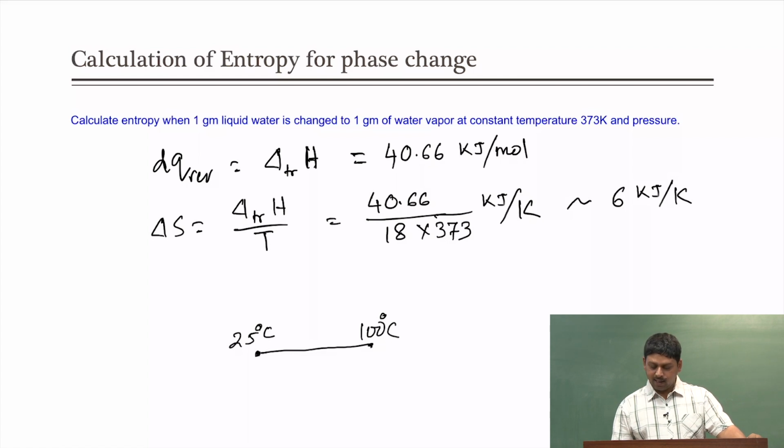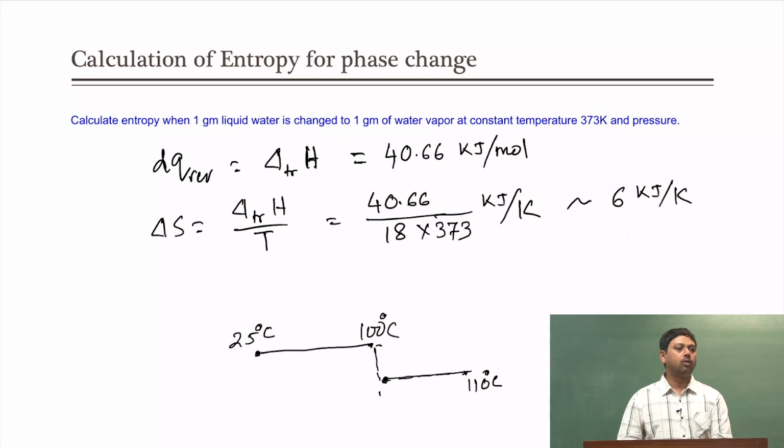At 100 degree centigrade, we will have to now add the transition enthalpy, that is the latent heat of vaporization, and then again there will be a Cp dT. We need the specific heat of the vapor, and that will take us from 100 degree centigrade to 110 degree centigrade. So, by 3 steps we can calculate the overall entropy change going from 25 degree centigrade water to 110 degree centigrade water vapor.